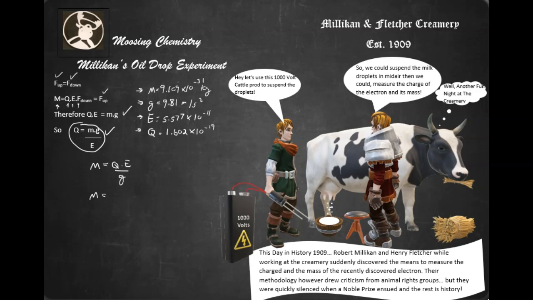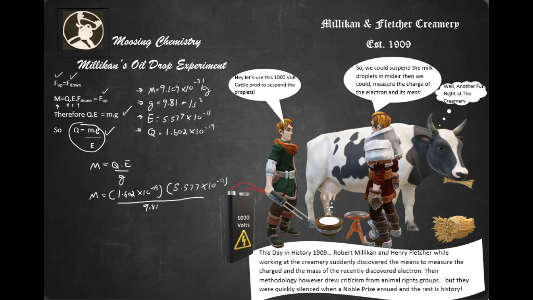So if we know the coulomb charge, which is 1.602 times 10 to the negative 19, this is pretty cool how this works, times the electrical field, which is 5.577 times 10 to the negative 11, divided by our gravity constant, 9.81.